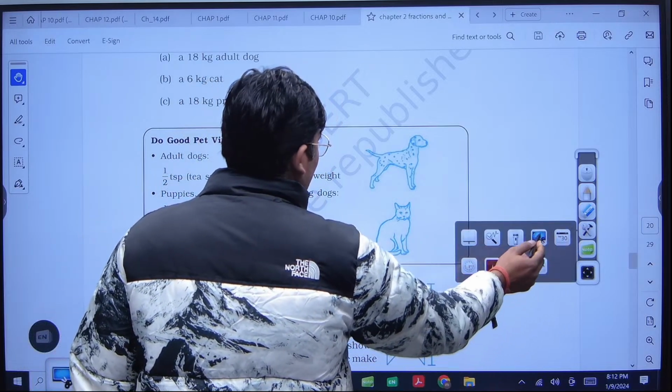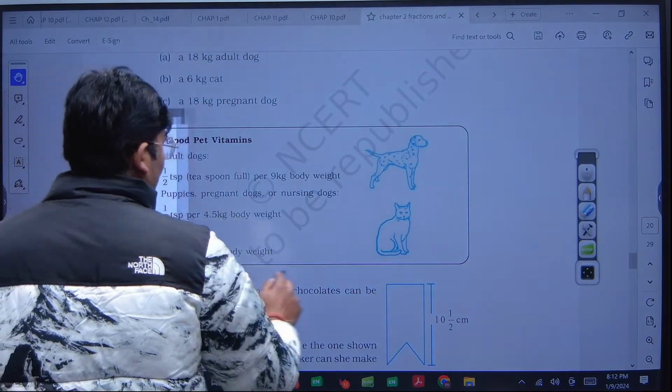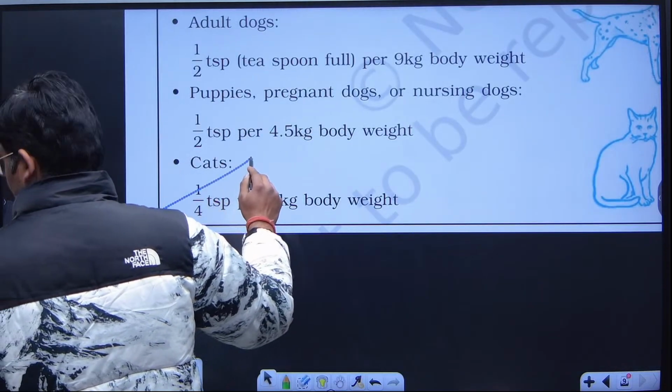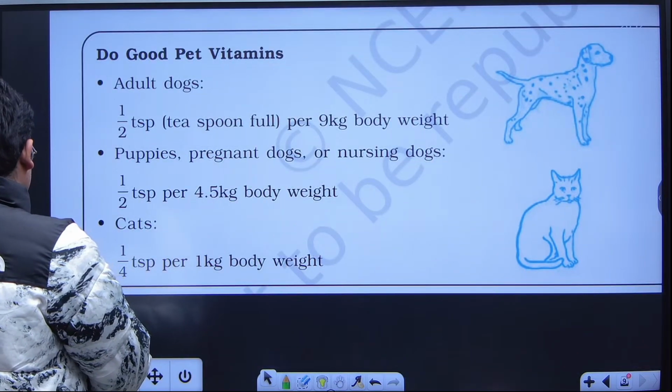So now I do have a pet as well. So now I will just increase my GK. I will see whether I was giving a right dosage or not.